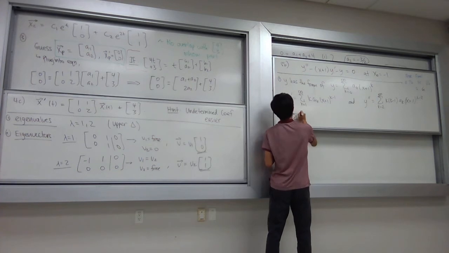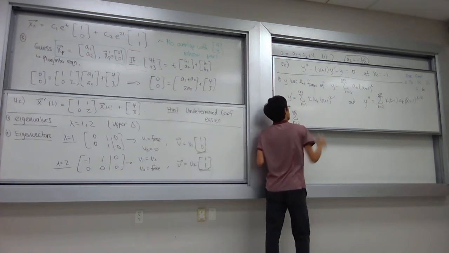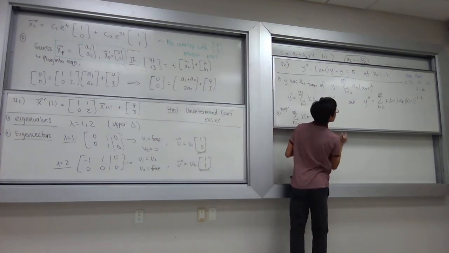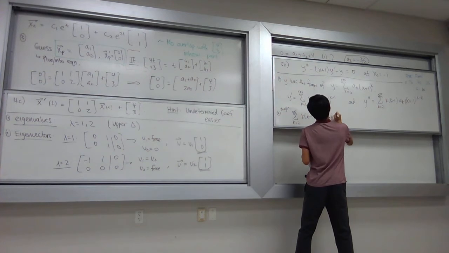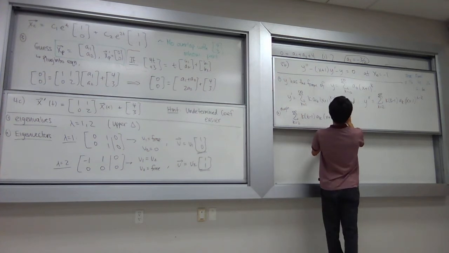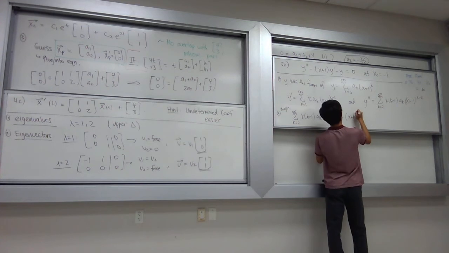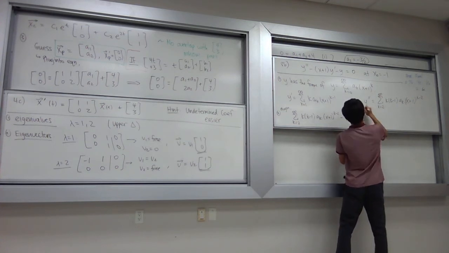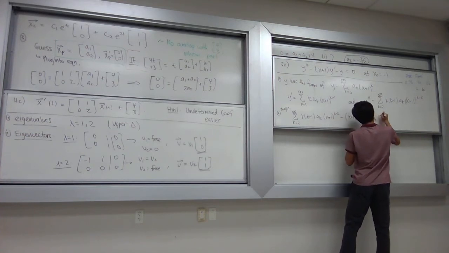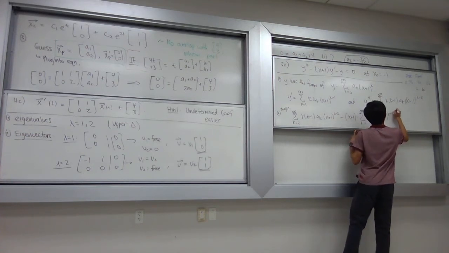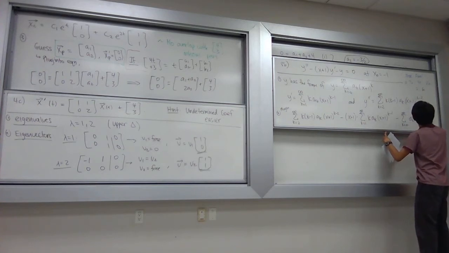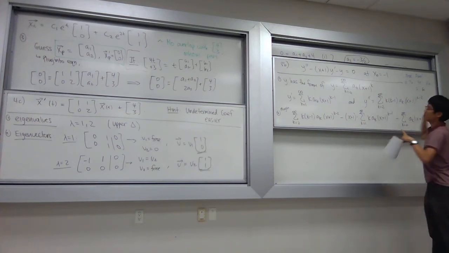We have that: the sum from k equals 2 to infinity of k times (k minus 1) times a_k, plus the sum from k equals 1, minus this guy, x plus 1 times the first derivative, and then also minus y, and the right hand side equals 0.